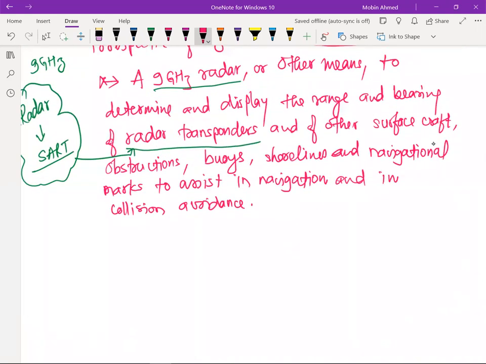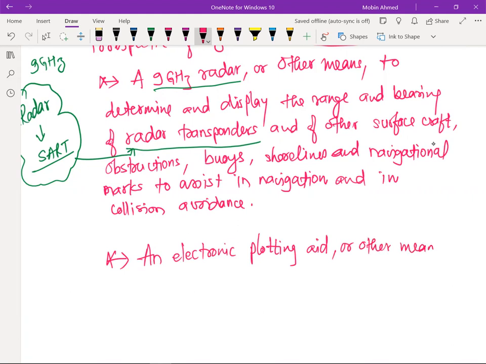Okay, now the next requirement is given here: an electronic plotting aid or other means to plot electronically range and bearing of targets to determine collision risk.